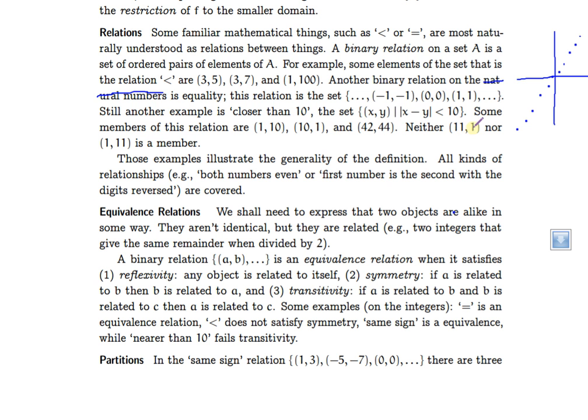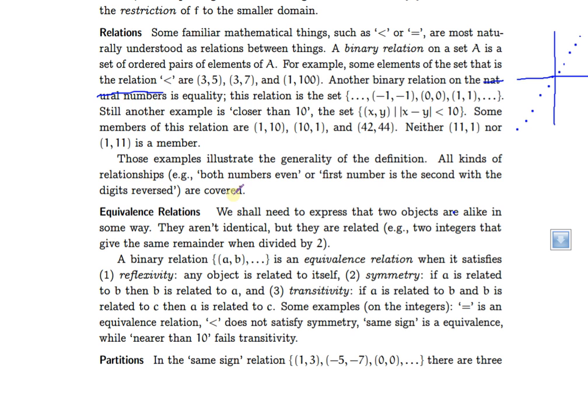The distance is equal to 10. These examples illustrate the generality of the definition. And here are some other possible relationships between numbers: both numbers are even, or the first number is the second with the digits reversed. These are all covered.